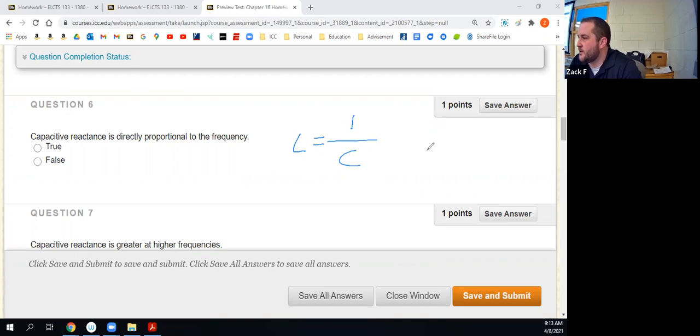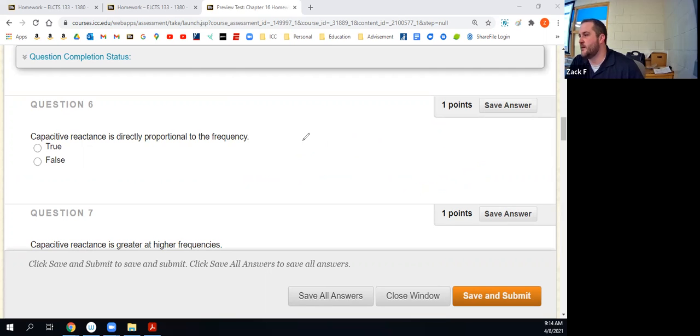That's inversely proportional. If Lewis is directly proportional to Chris, it means as Lewis gets bigger, Chris gets bigger. If they were inversely proportional, as Lewis gets bigger, Chris gets smaller. Make sense?